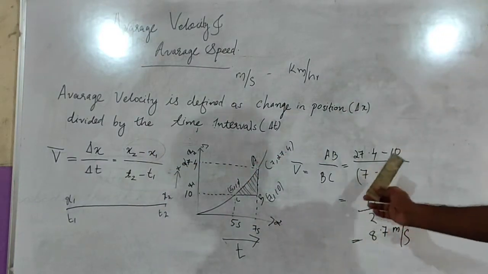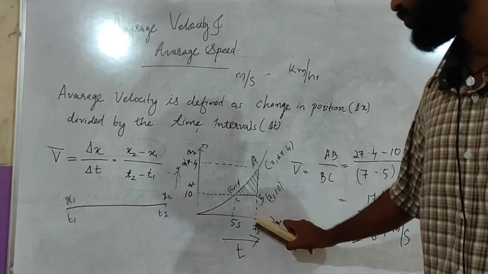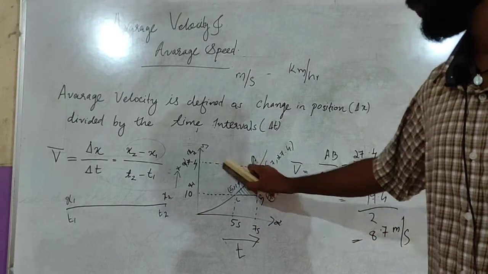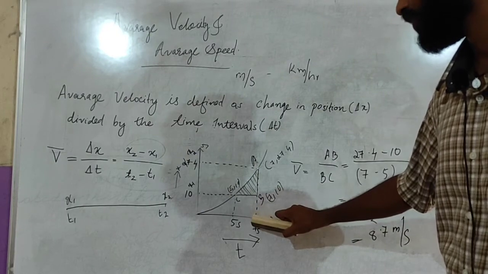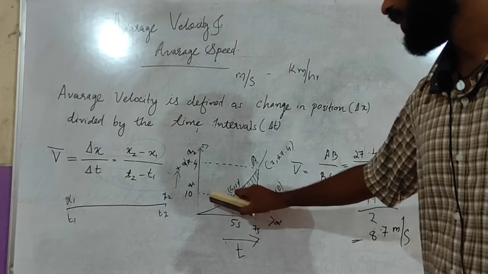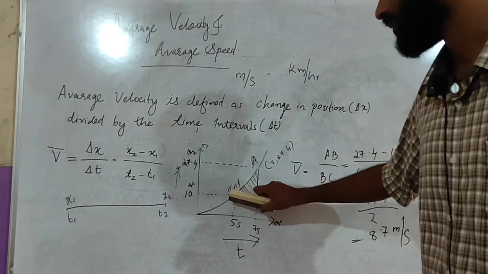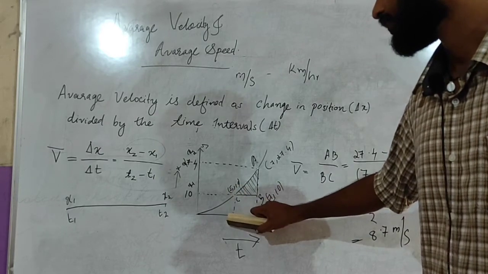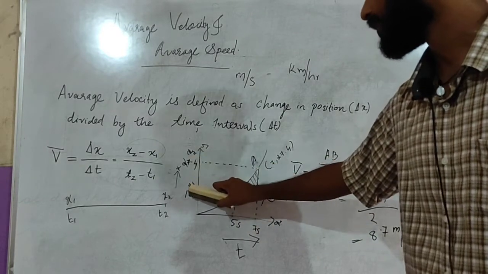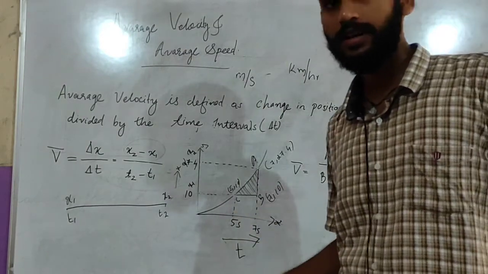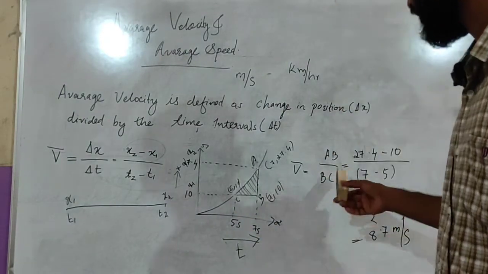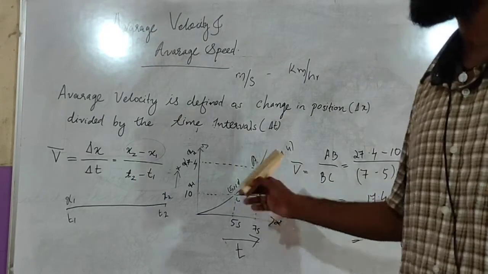Here in this graph the same thing is happening. x2 is the position at time t2 and x1 is the position at time t1. So, x2 minus x1 divided by t2 minus t1, geometrically, is the slope of the graph.